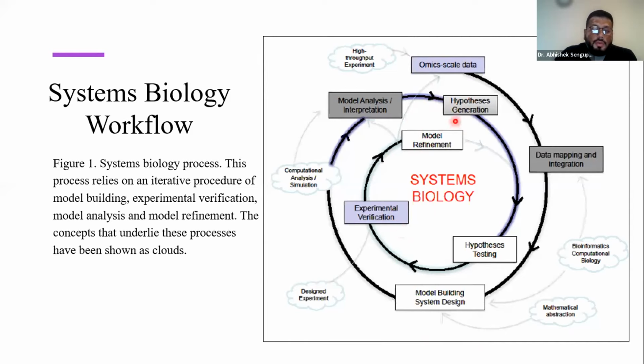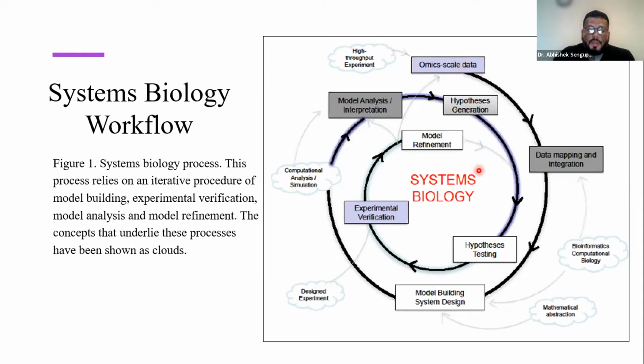It is an iterative process, so this is in a cycle. It begins with collecting and integrating multi-omics data. So we start with multi-omics data from high throughput experiments, like the big data or large high throughput data in biological sciences or biomedical sciences, right?